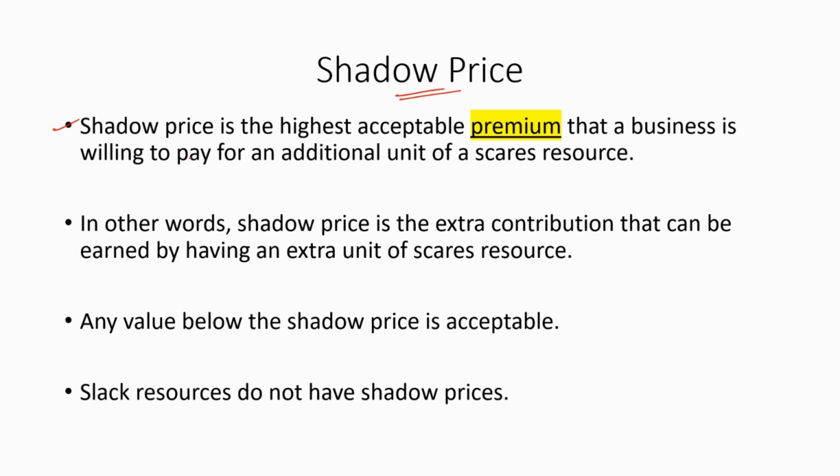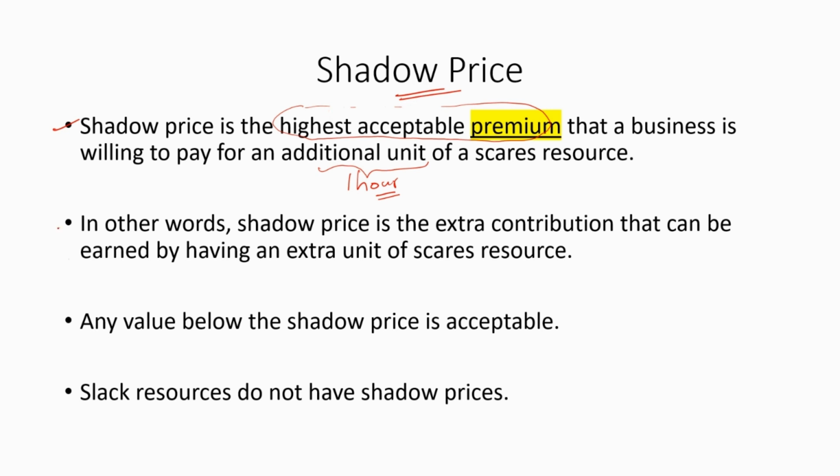So, in the early example, the scarce resource was the labor hours. If the company wants to obtain an additional unit of that scarce resource, which means 1 hour of labor, because here the unit is hours, the highest acceptable premium that the business is willing to pay is known as the shadow price.